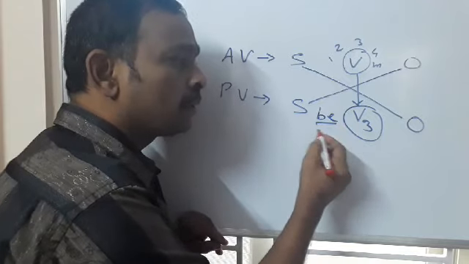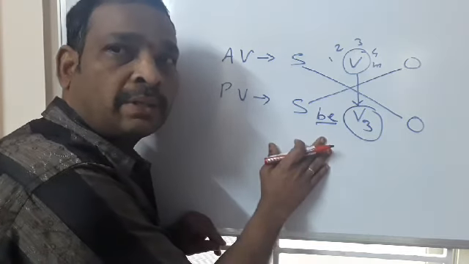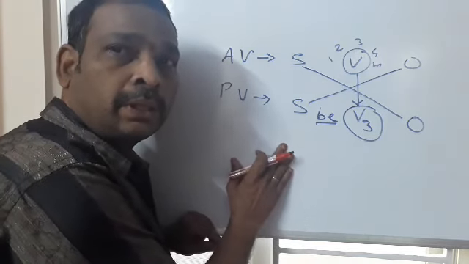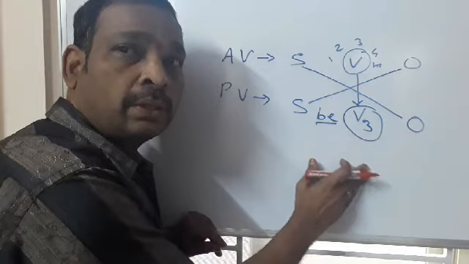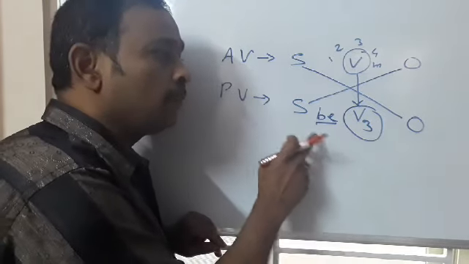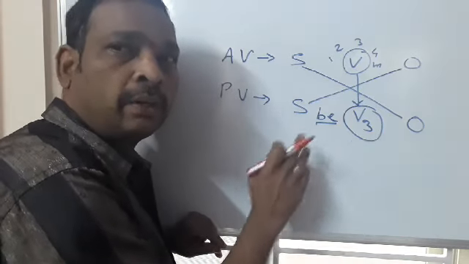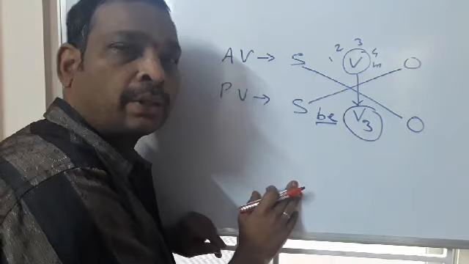In between subject and verb, B form is there. This B form will help us whether it is present action, past action, future action, continuous action, perfect action. So whatever it might be, the B form will be very useful to identify that time of action.